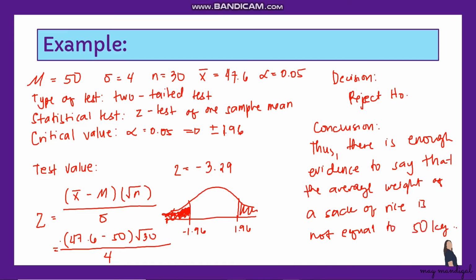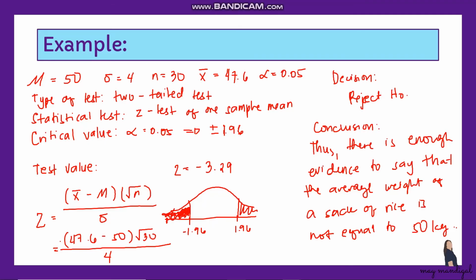So since we rejected our null hypothesis, therefore we can say that the evidence is enough for us to say that the mean or the average weight of the sack of rice is really not equal to 50 kilograms. Okay, so that is how you do hypothesis testing.